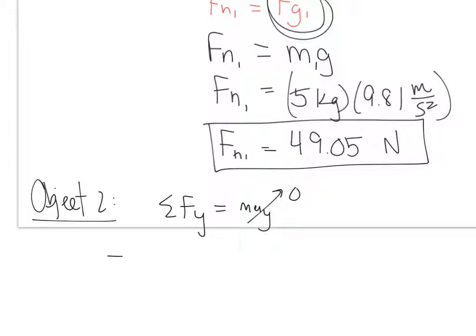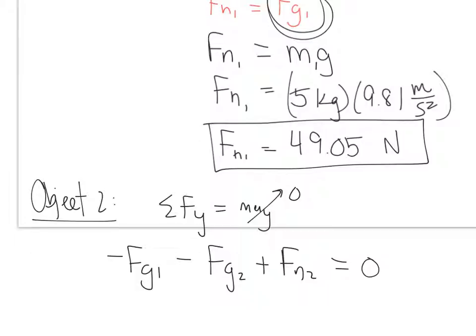So I have the upper object pushing down on it, the lower object pulling down, and the normal force pushing back up from the table. And that equals 0 because it's in a state of equilibrium.